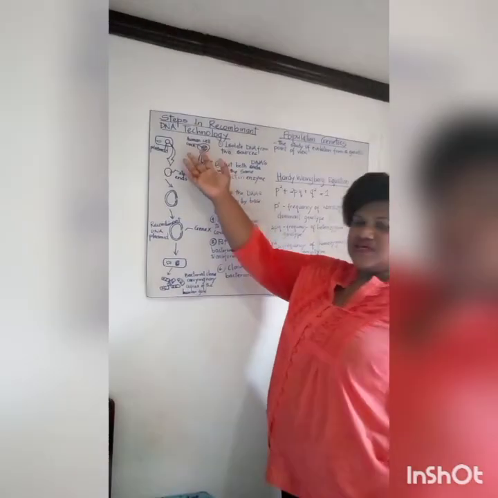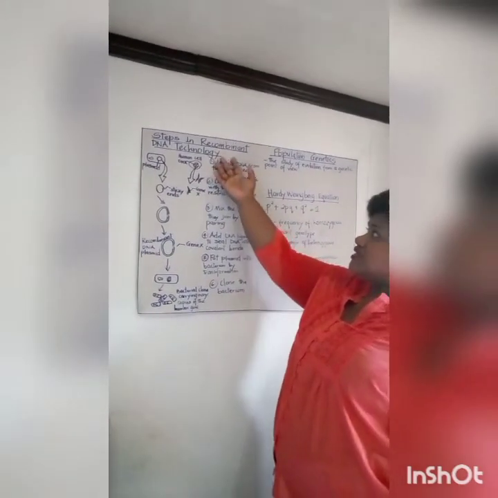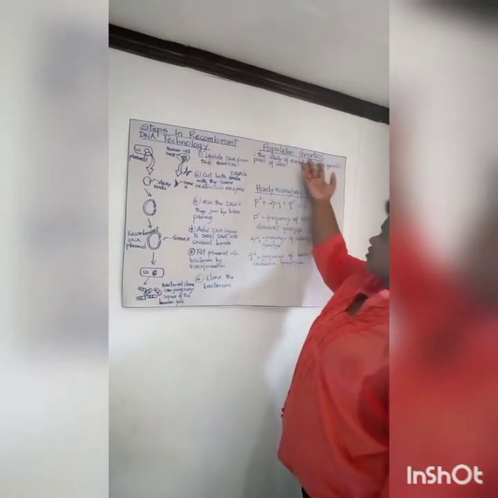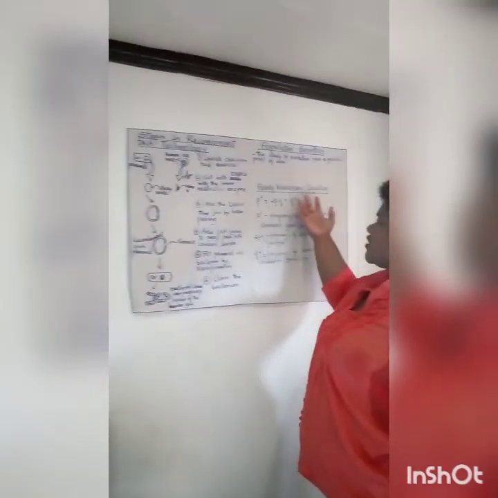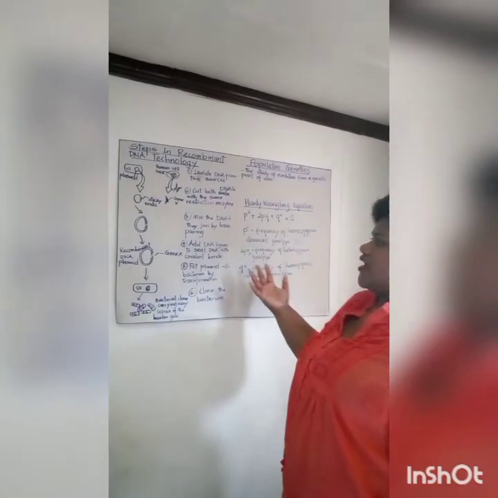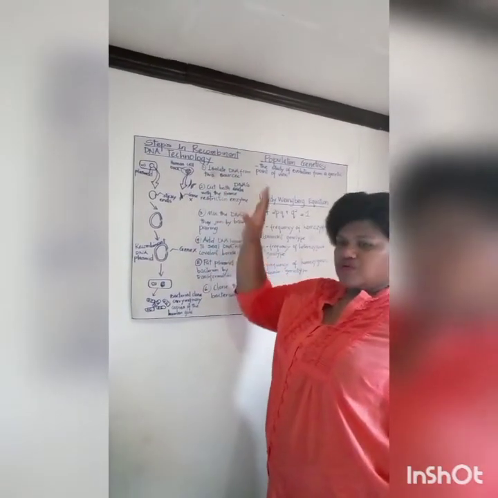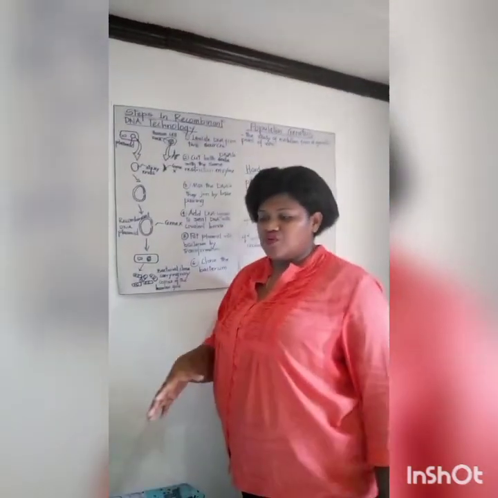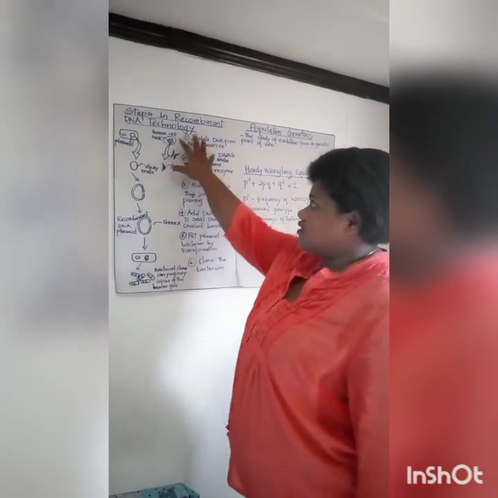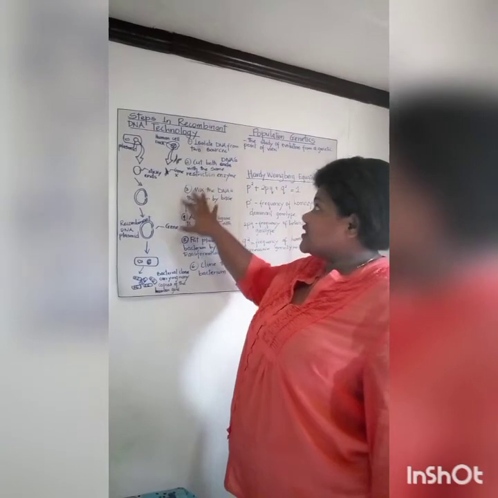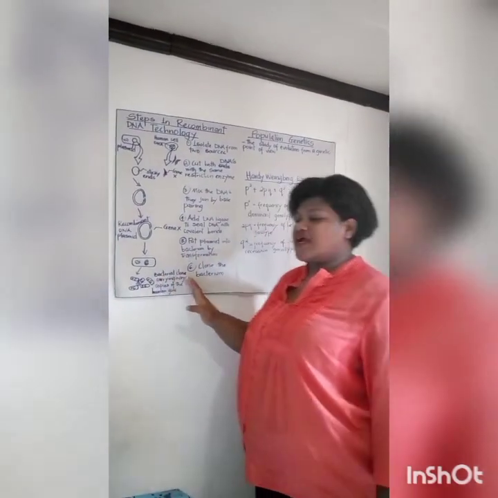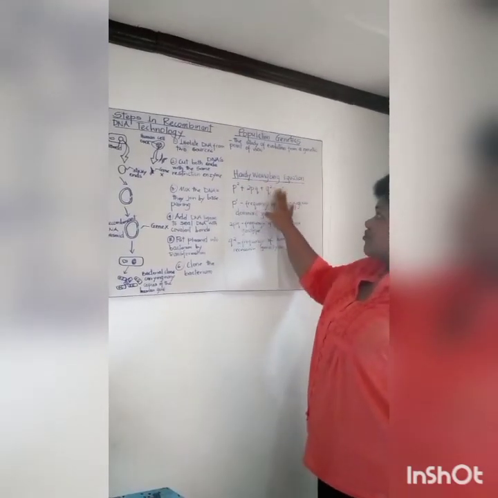It's been simplified, the steps in recombinant DNA technology, and the population genetics, the Hardy-Weinberg equation, its explanation. The main concept that you have to know in this lesson is the steps of this recombinant DNA technology in this topic of genetic engineering and the Hardy-Weinberg equation.